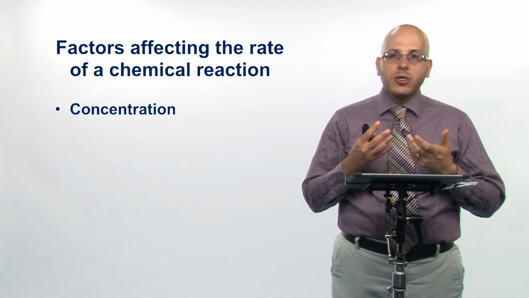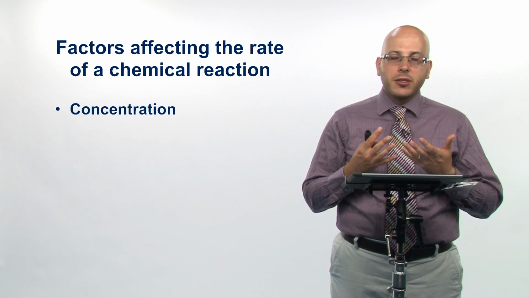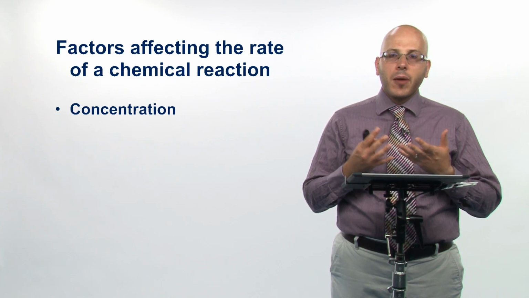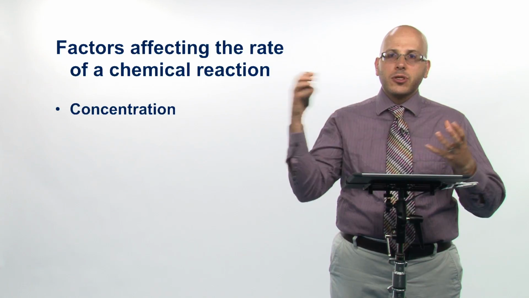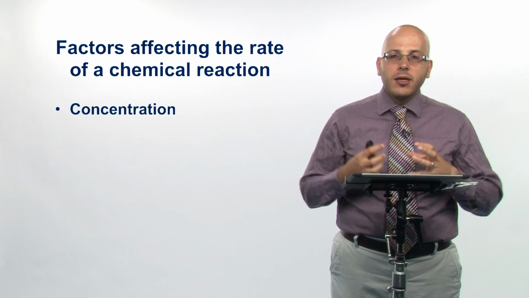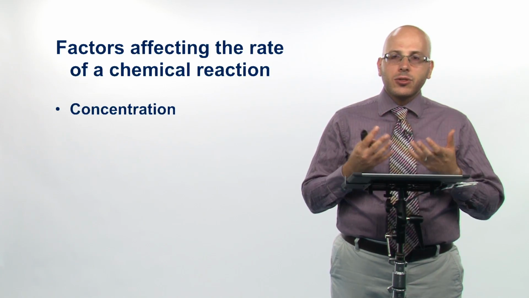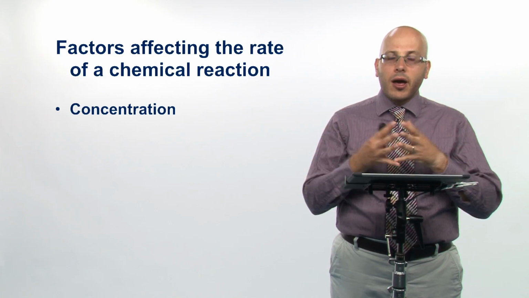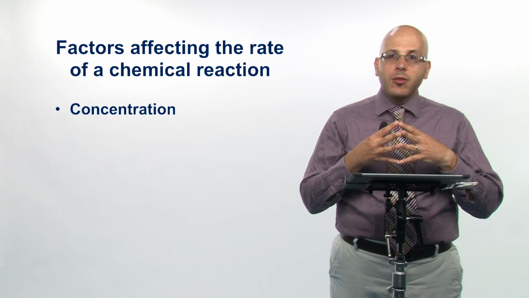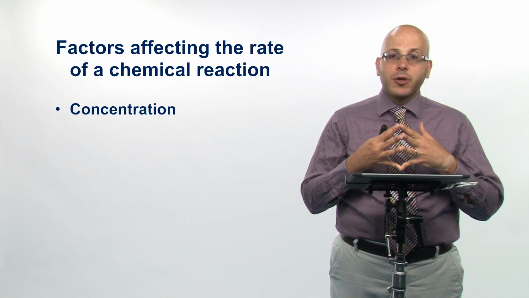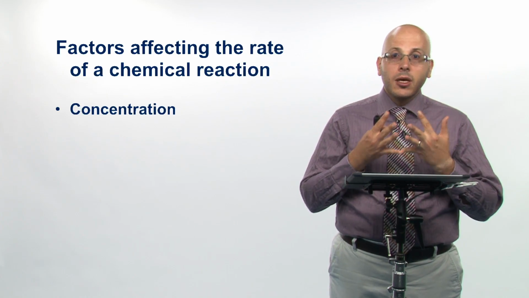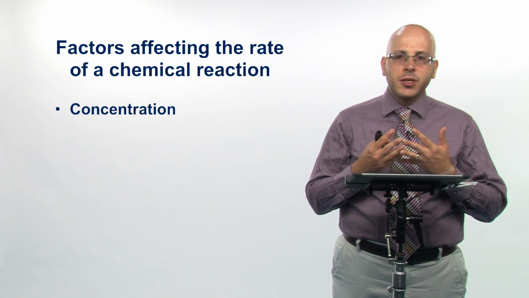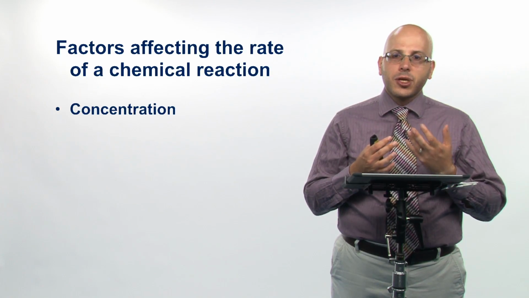Concentration means the amounts of the reactants that are present, and the reason that matters is because we're thinking of chemical reactions in terms of collisions. Things are bumping into each other and doing things. So the higher the concentrations are, the more likely they are to come into contact with each other and collide. And so the more they can collide, maybe the faster the reaction will take place. Generally speaking, not always, but generally, as you increase the concentrations of the reactants, the rates of the reactions also go up.